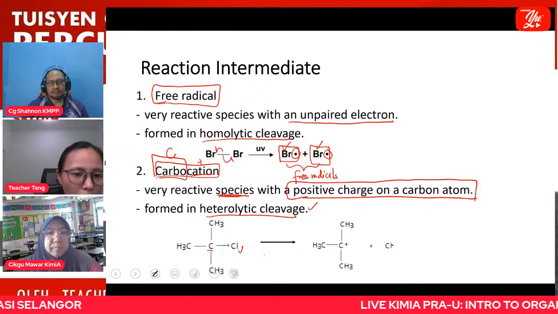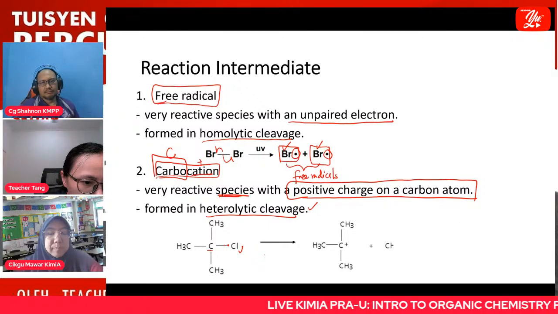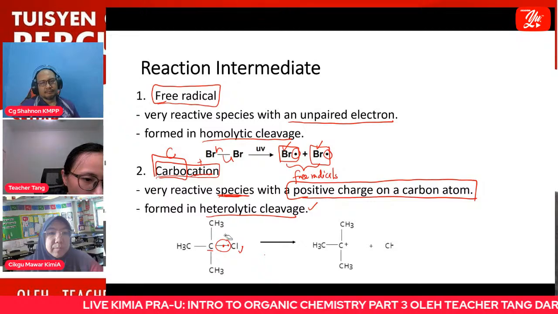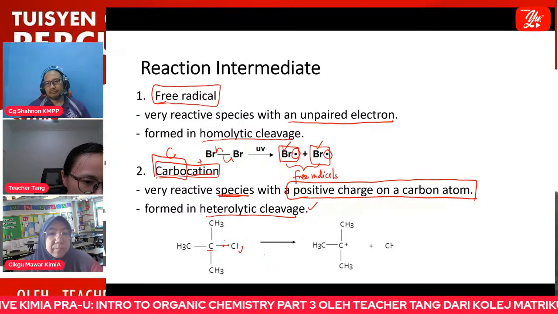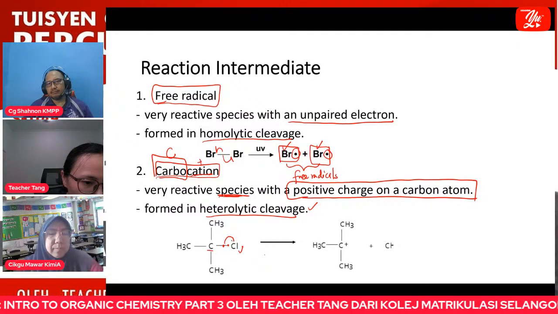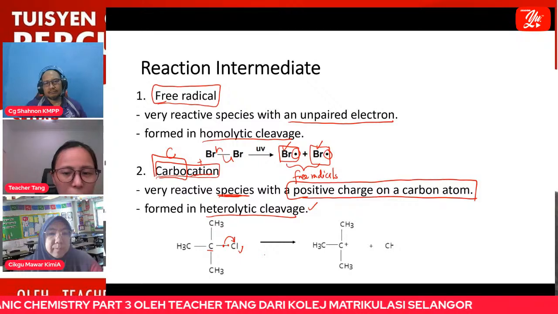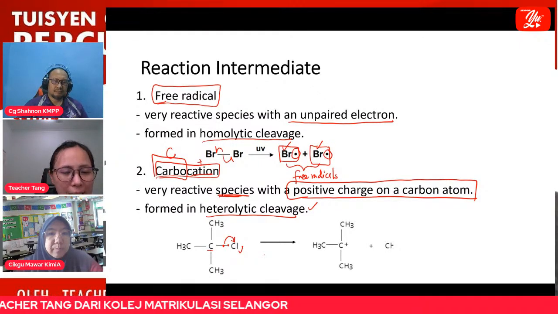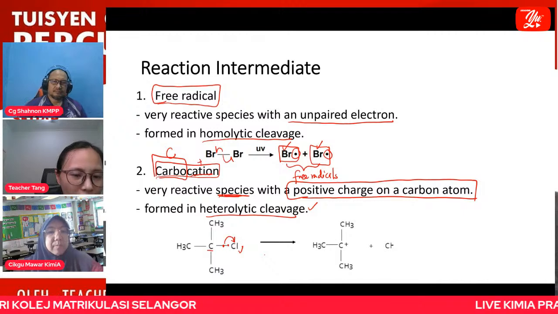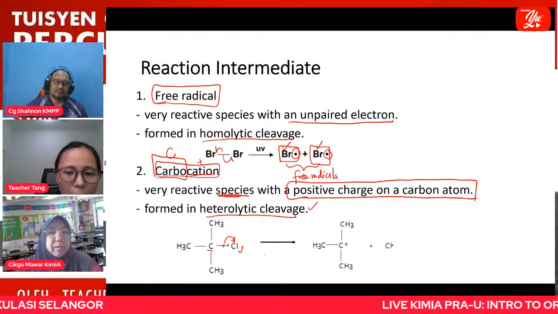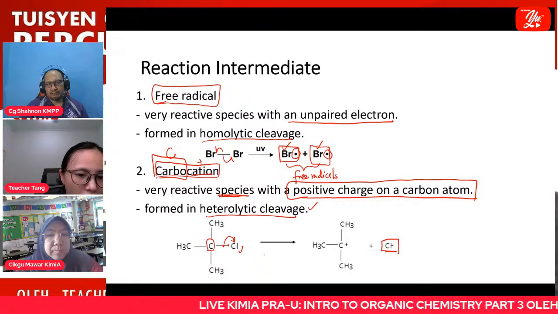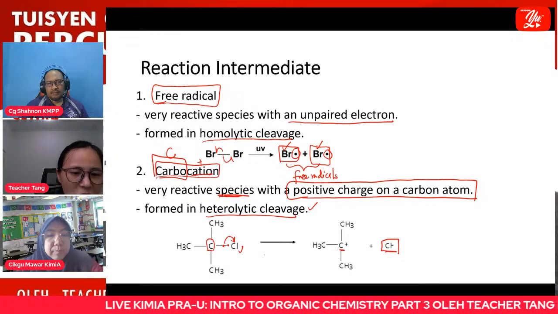Therefore, when this covalent bond breaks, both electrons will tend to move to chlorine because chlorine is more electronegative. So since both electrons move to chlorine, chlorine will become chloride ion, and this carbon here will become positively charged.